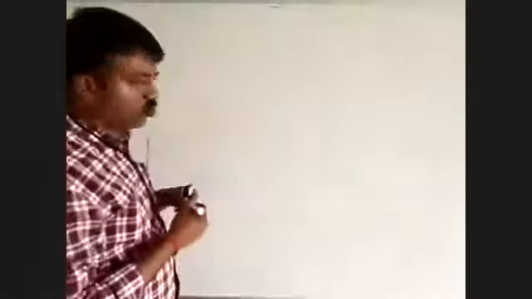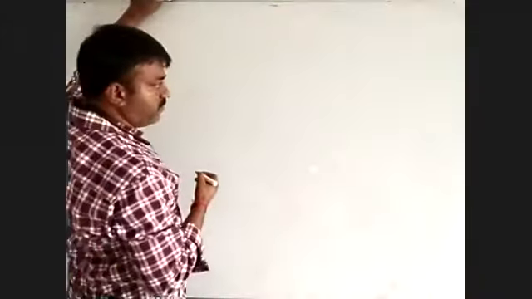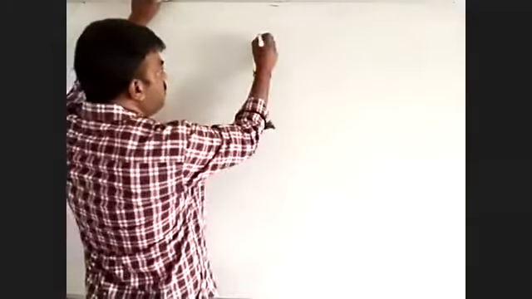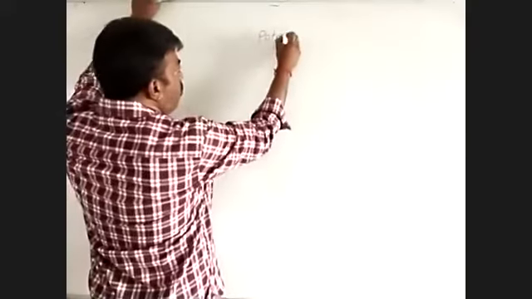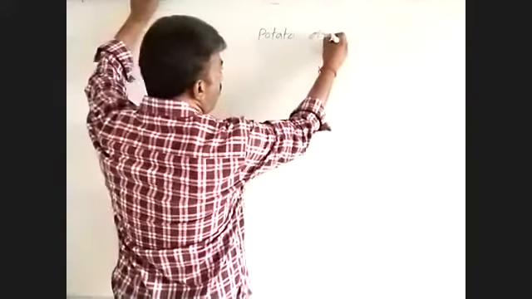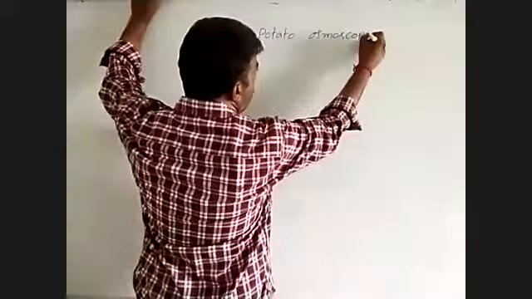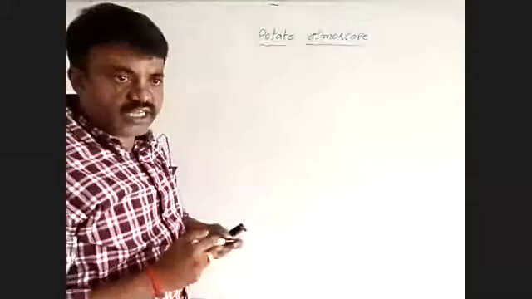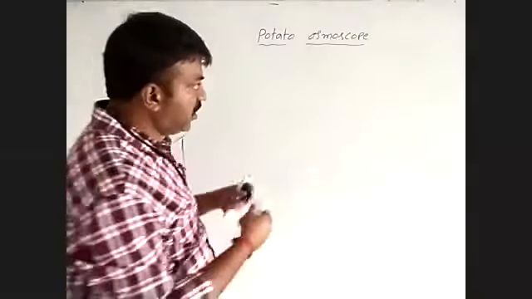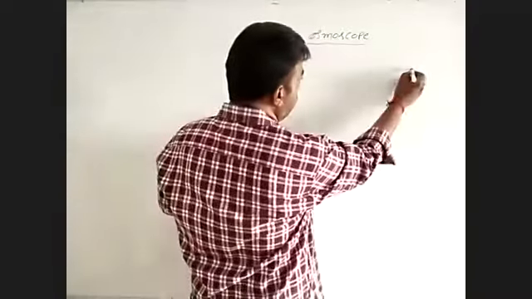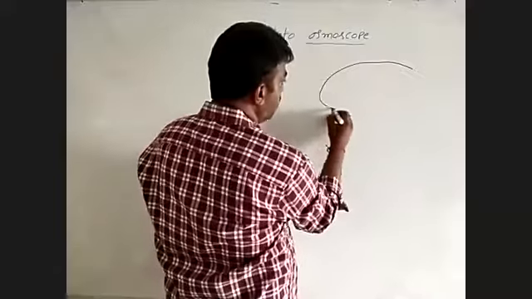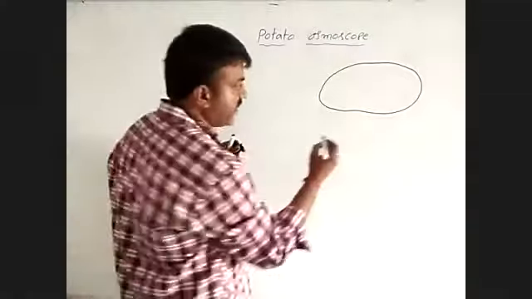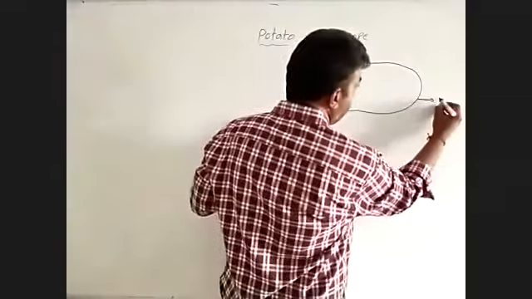There are two important experiments to demonstrate osmosis. The first one is the potato osmoscope experiment. Take a big potato tuber, which is surrounded by periderm.